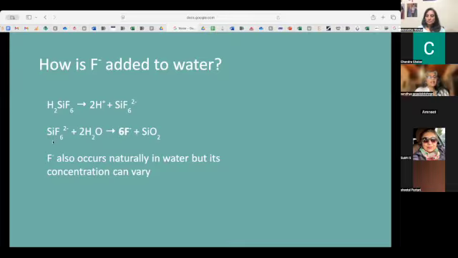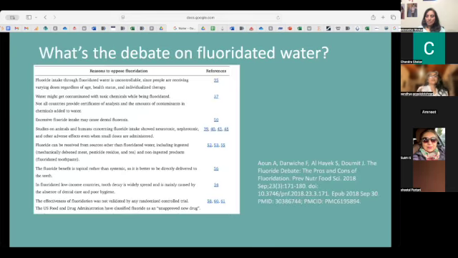This reacts with the water, generates the fluoride ions, and it also gives you silicon dioxide, which is also present naturally. It's basically a major component of sand. And so they said, okay, this is a harmless way to introduce this without a whole lot of crappy byproducts.